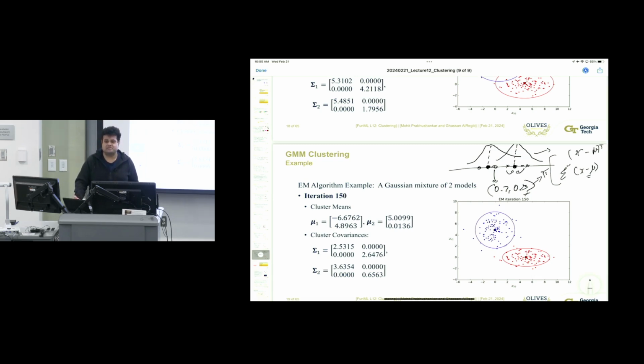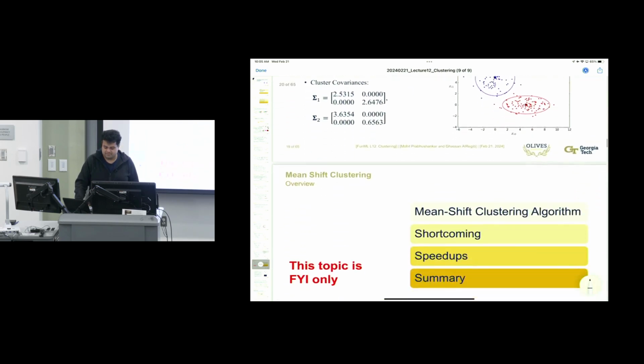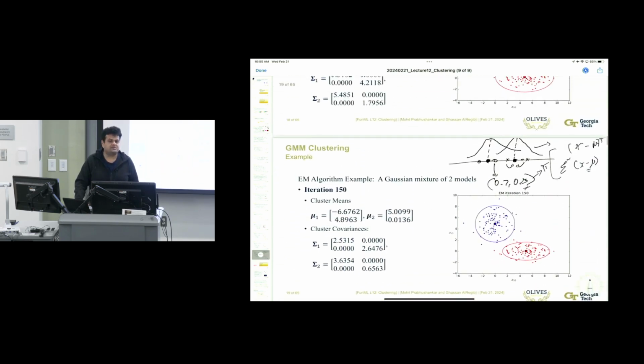These are the only two differences between a GMM and k-means, at least from a qualitative perspective. But of course, when you try to implement this, it's going to be a little more difficult in terms of the coding and the math associated with it. Any question about GMMs?